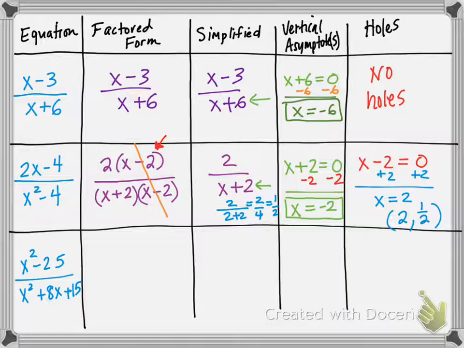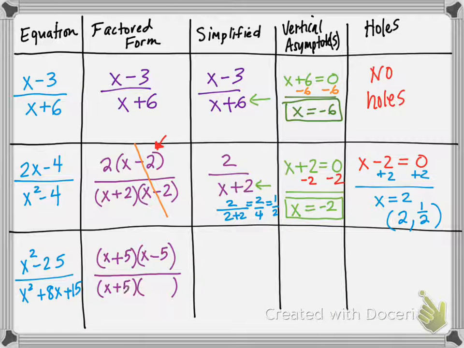For the final rational expression, I notice that I can factor the numerator and the denominator. The numerator can be factored by difference of squares, so open up double parentheses, alternate the signs, one's a plus, one's a minus. X squared splits as x times x, and 25 splits as 5 and 5. The denominator can be factored by trinomials, so you're saying what multiplies to 15 and adds to 8, and that would be 5 and 3.